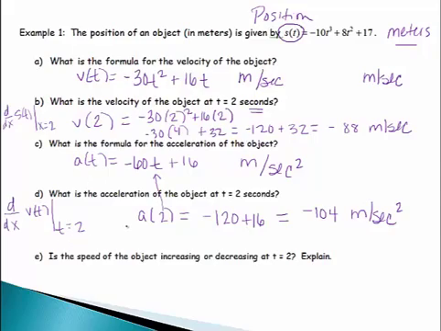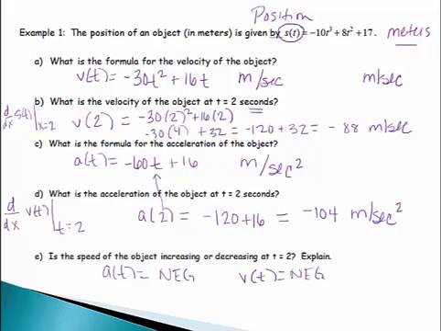All right, is the speed of the object, whatever the object happened to be, increasing or decreasing right at the time 2 seconds? Well, our acceleration at that point was negative. Our velocity at that point was negative.